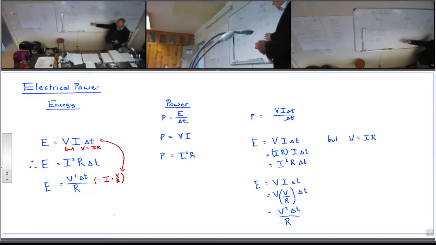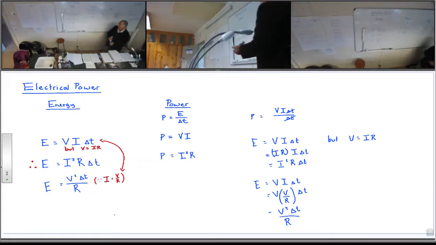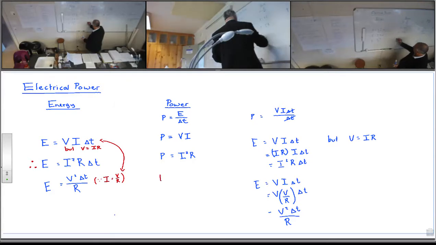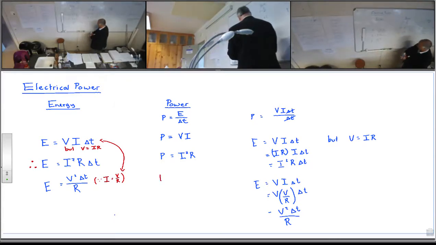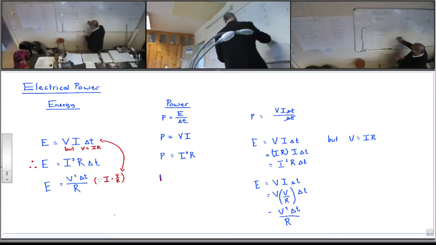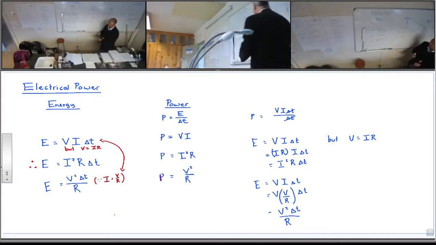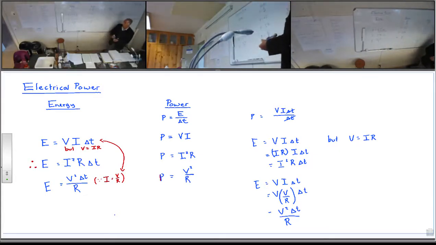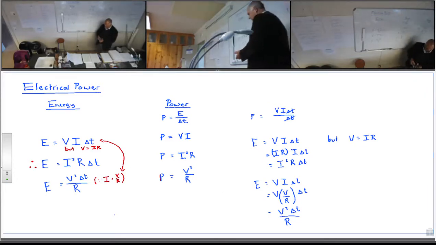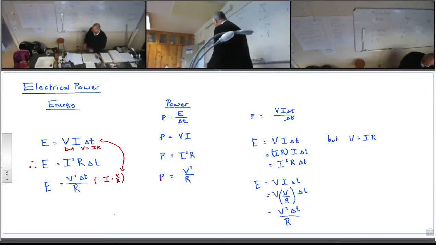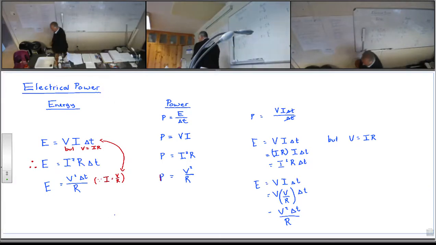And what is the power equivalent? Power equals V squared over R. There we go. You've now got effectively 3 formulas, so it's really one formula and various different versions of it.